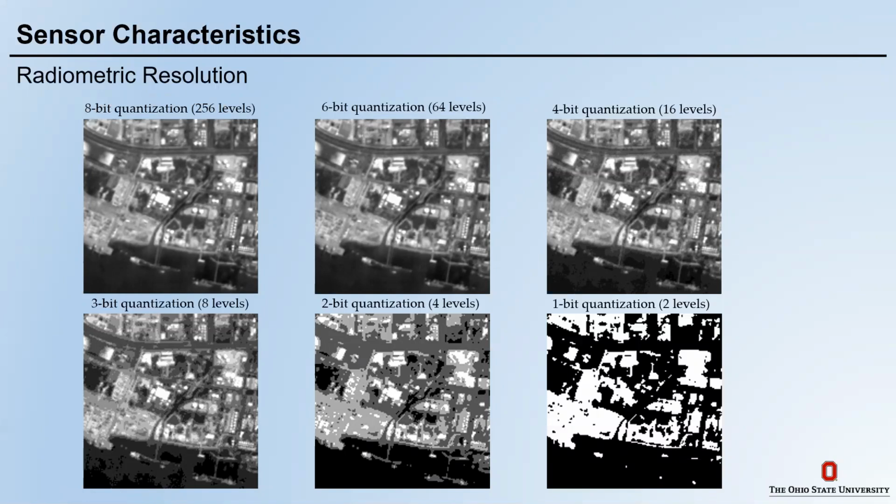We say it's an 8-bit sensor, 6-bit sensor, or 4-bit sensor. You use levels, people know that. So 8-bit, 6-bit, or even 10-bit or 12-bit. It can be even better. But if you compare them, you know the meaning and the importance of radiometric resolution. The higher the bit number, the more detail can be provided by the sensor.